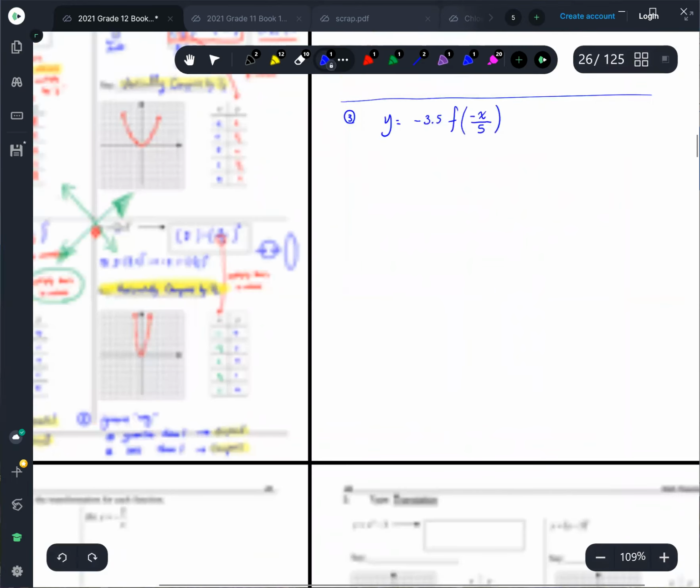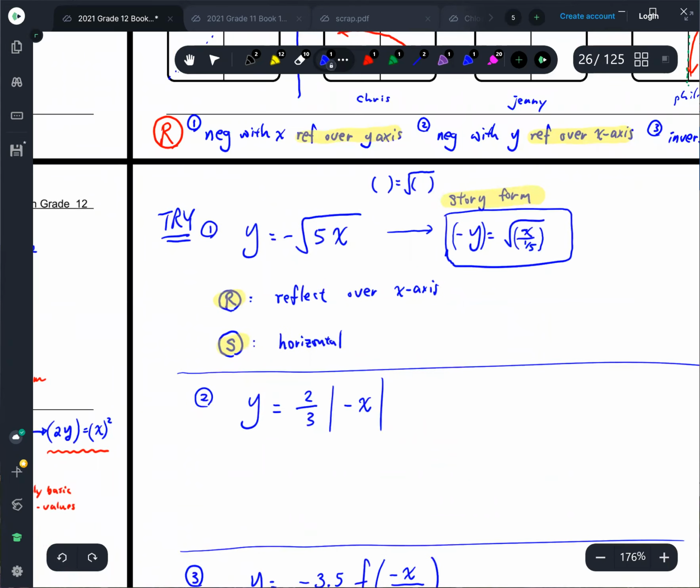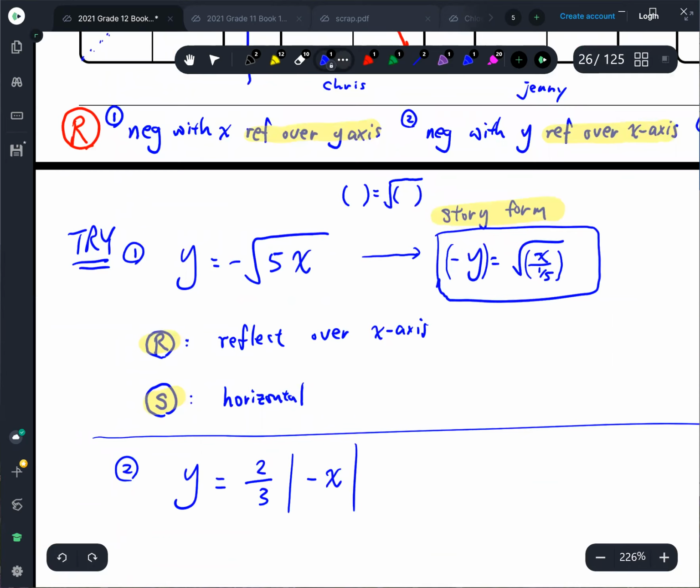So over here in the question, which number are we talking about? The number under x. What number is under x? 1/5. Okay, that's the number we're talking about. It's under the x, so it will be vertical? Look at the rule again, under x. It's horizontal. Yes.